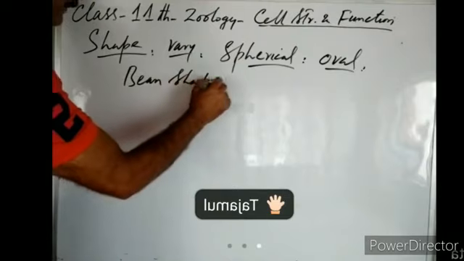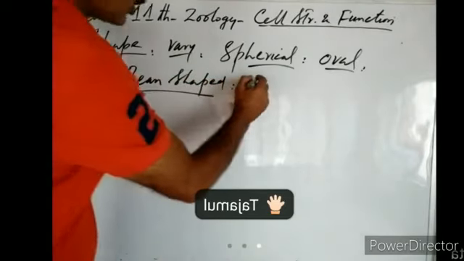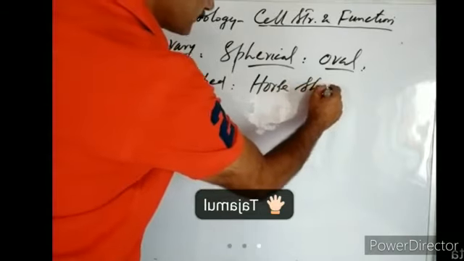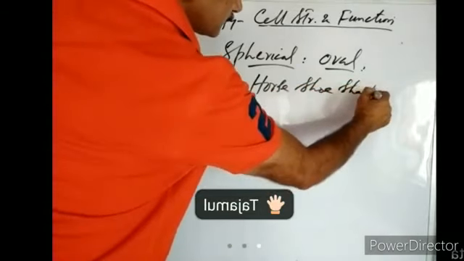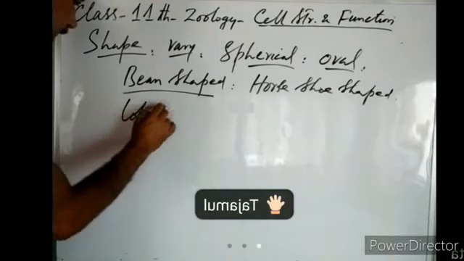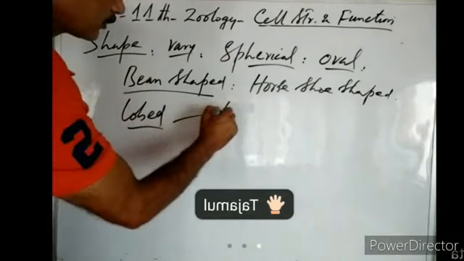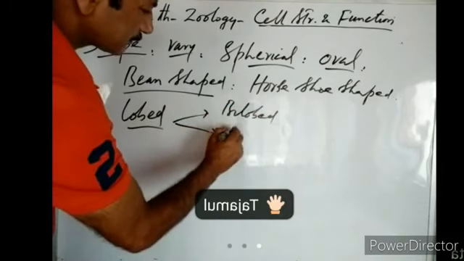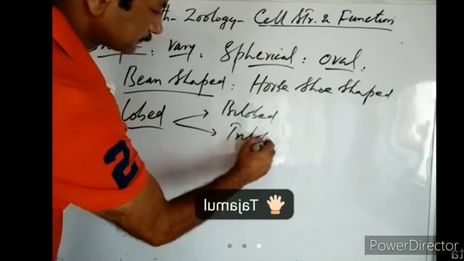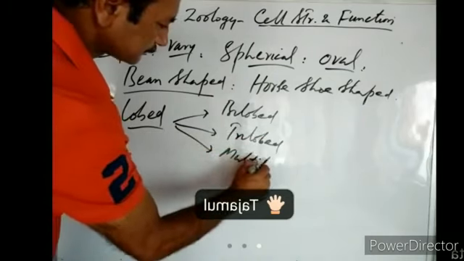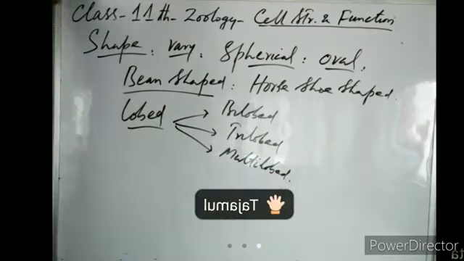In some cells, it may be horseshoe-shaped. In some cells, it may be lobed: bilobed, trilobed, or multilobed. So the shape of the nucleus varies in different cells.